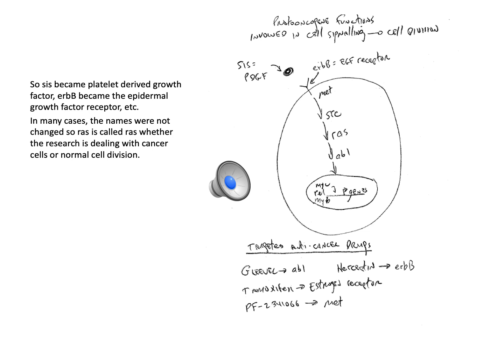So that's what these proto-oncogenes are doing. They're normally involved in cell division, and when they're mutated or overexpressed, they contribute to the inappropriate cell division in cancer.